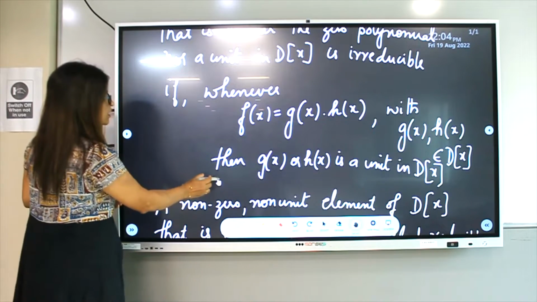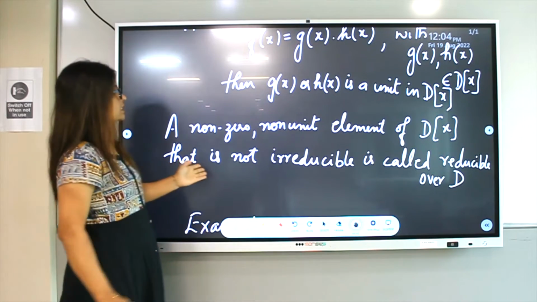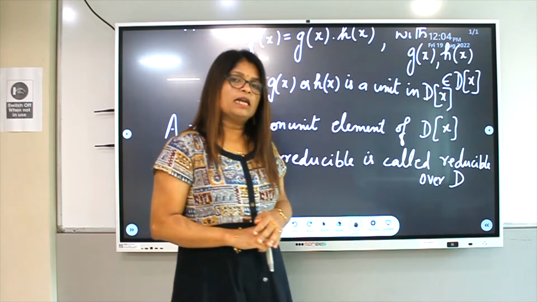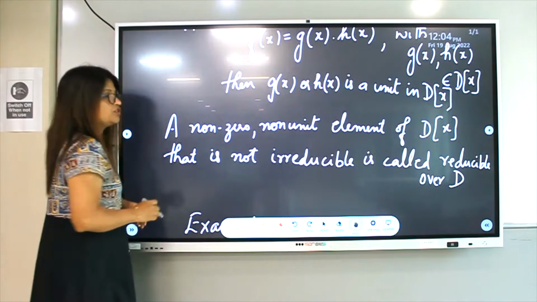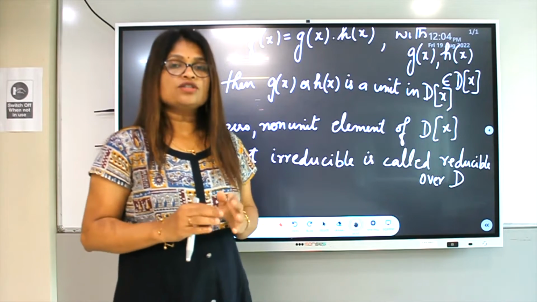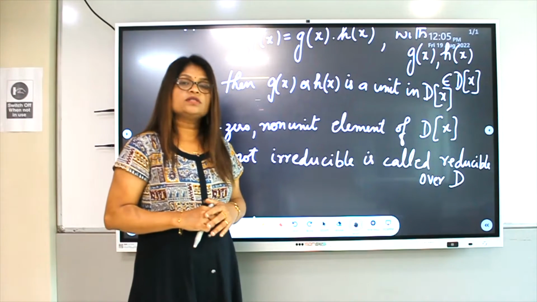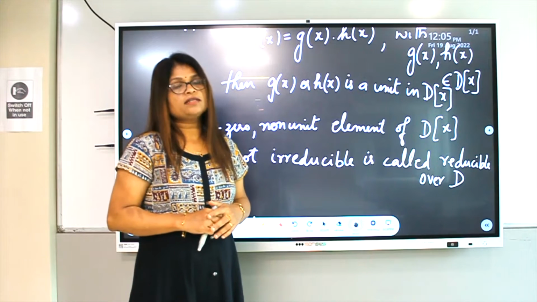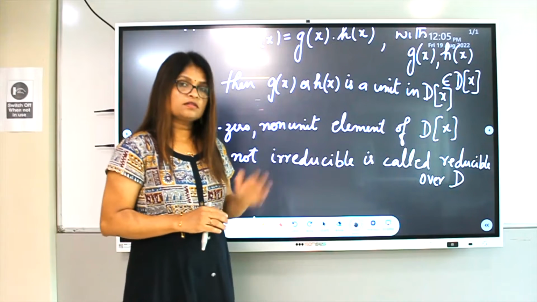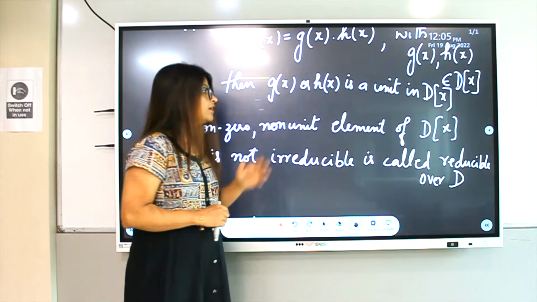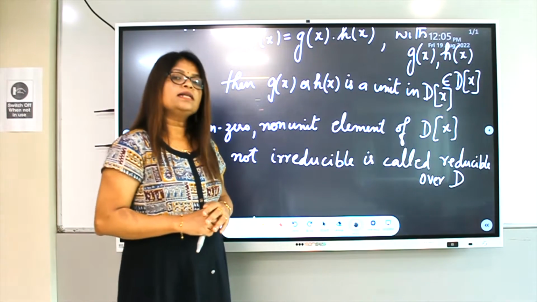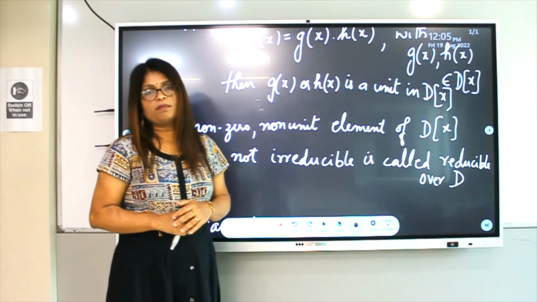So a non-zero non-unit element of D[x] which is not irreducible is known as a reducible polynomial in D. Coming back to the definition, you start with an integral domain and a function f of x which is non-zero and non-unit in D[x], and if you are not able to write it as the product of factors h(x) and g(x) in such a way that neither of them is a unit in D[x], then you call it irreducible, or else you call it a reducible polynomial.